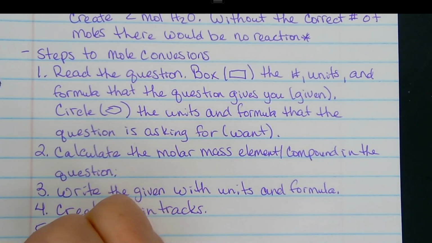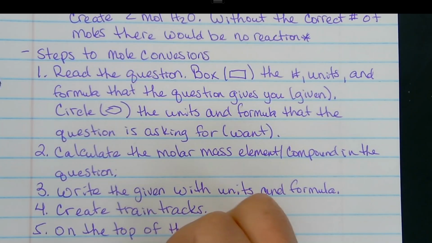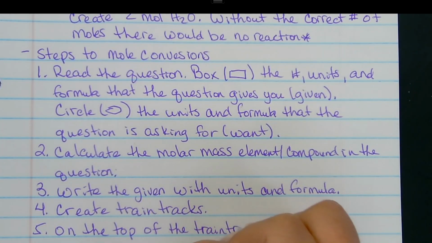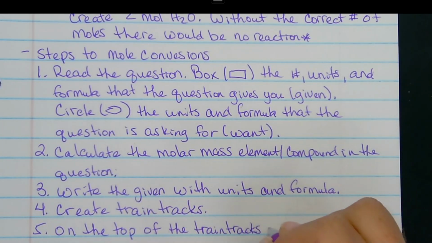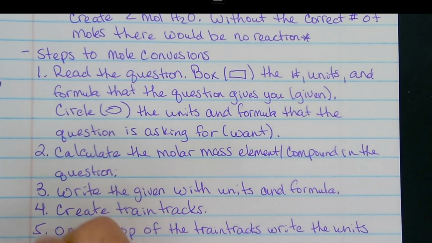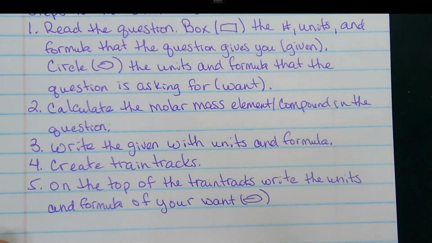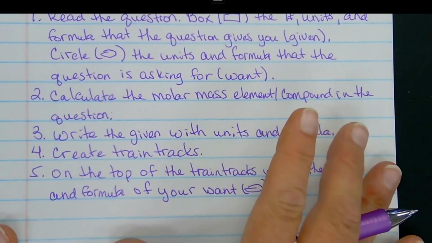And then on the top of the train tracks, write the units and formula of your want, or what you circled. Very easy to see, right? I circled it, that's what I'm putting on top. Notice it doesn't say number, just says units and formula.